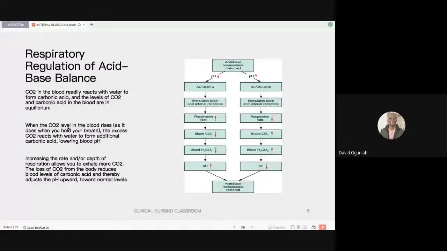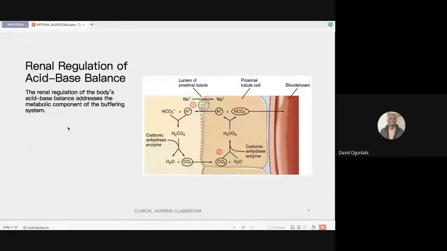So what will happen is that the renal system will come to help in that situation by increasing the amount of bicarbonate. Bicarbonate is an alkaline substance, or we can call it a base, as in acid-base.